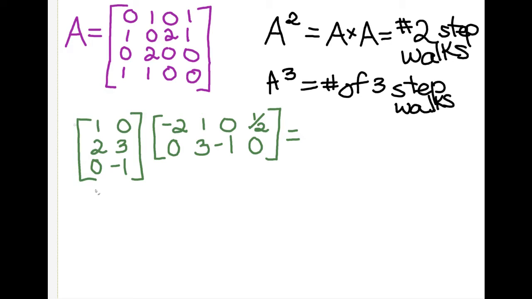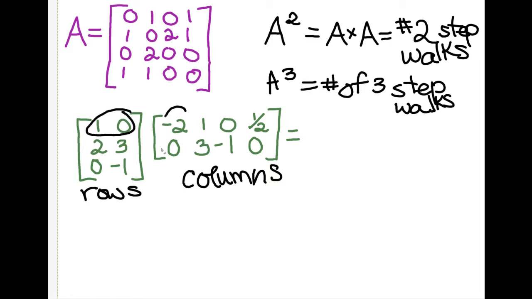You want to consider the rows of the first matrix and the columns of the second matrix. So I'll look at the first row and the first column first.